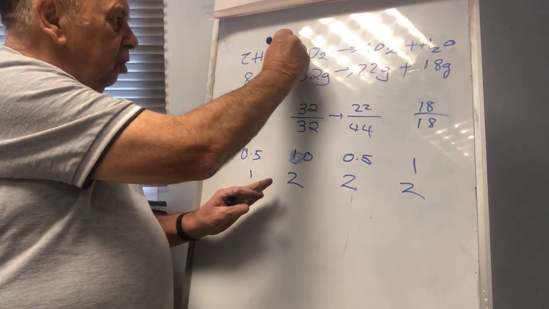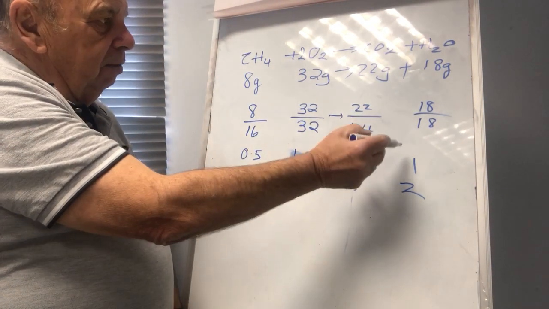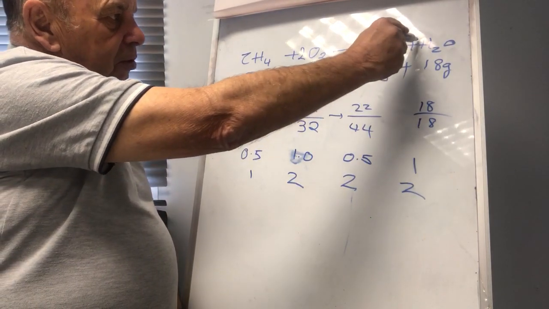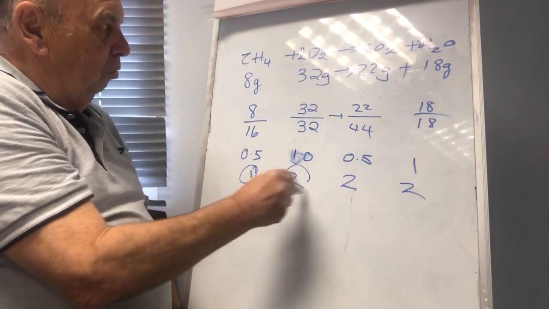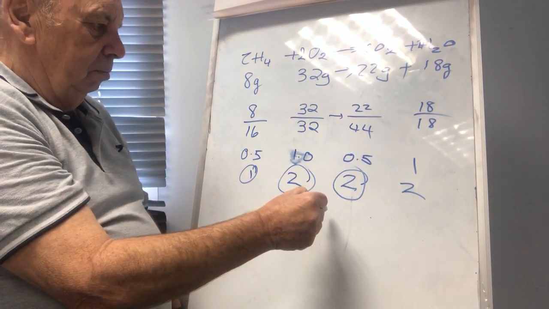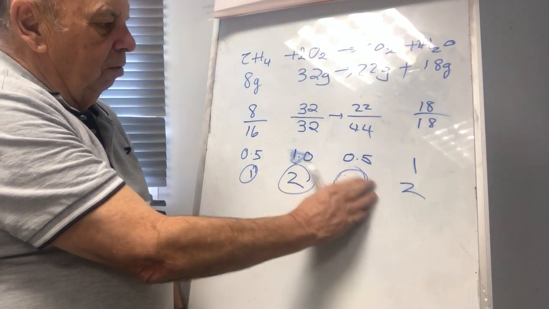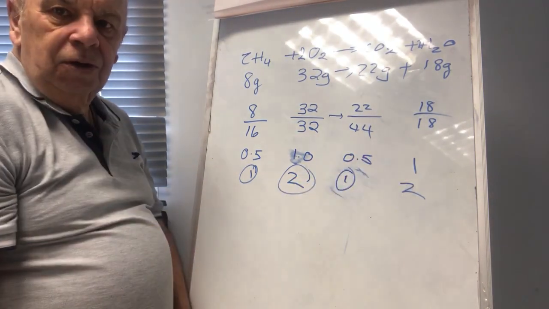There's going to be 2 of those there, 2. Once, and there it's going to be 2 there, because 1, 2, 2. Sorry, that is wrong. Stupid boy, that is 1, and that is 2.